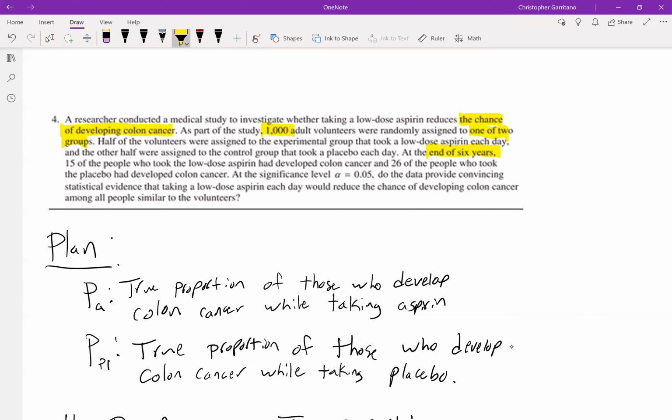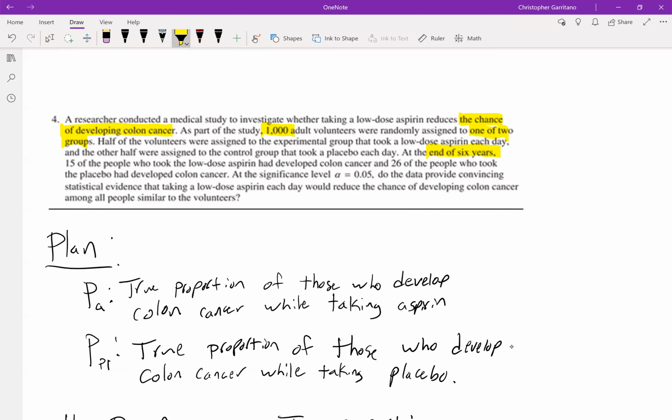So this is categorical data. And I know that the way we analyze categorical or qualitative data is we study proportions, usually the proportion of success. In this case, the proportion we're interested in is the proportion developing this type of cancer.